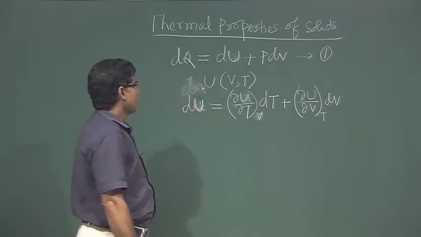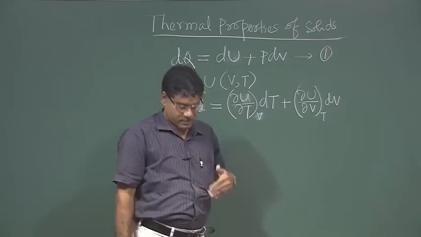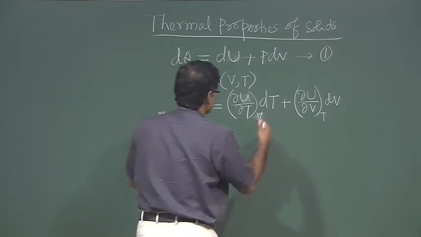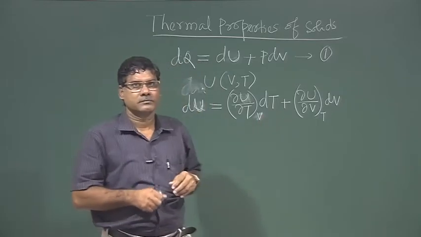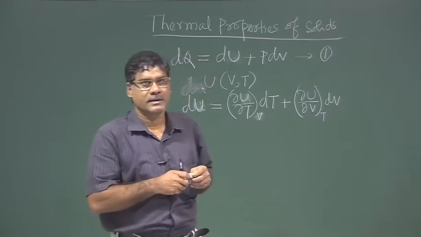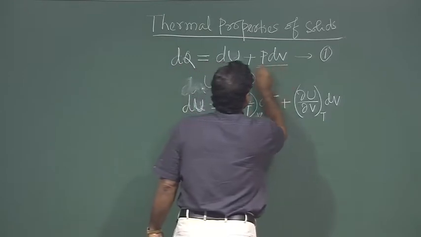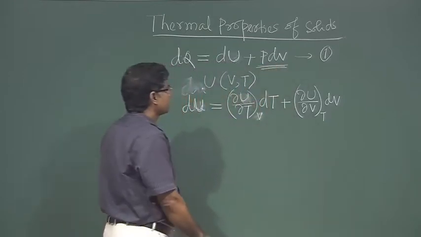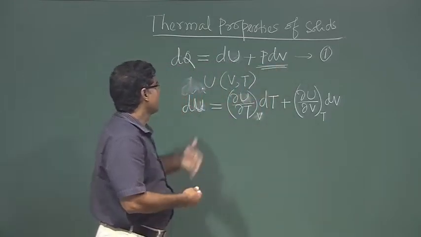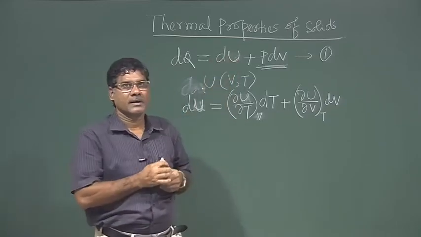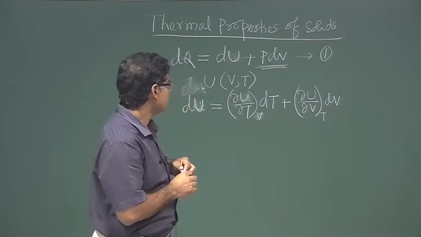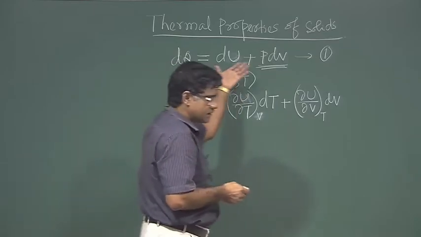Okay. So, if we consider that the volume of the system remains constant, there is no change of volume, so there will not be any work done, and all the energy will be stored as internal energy. And what is internal energy?